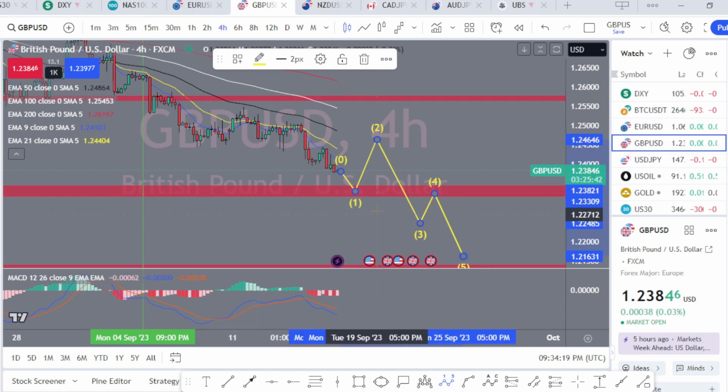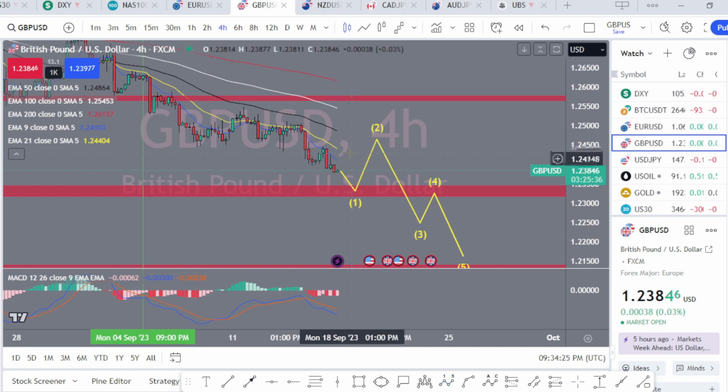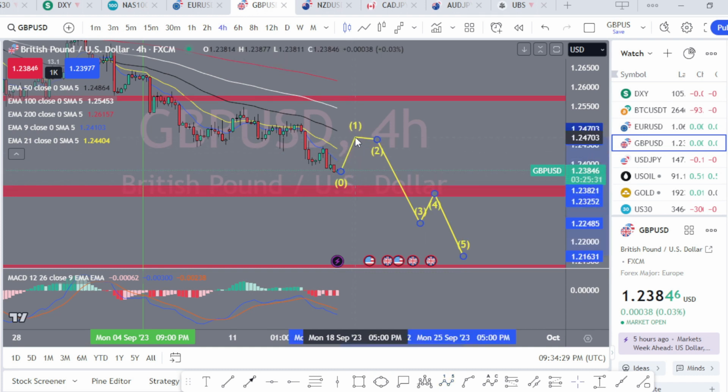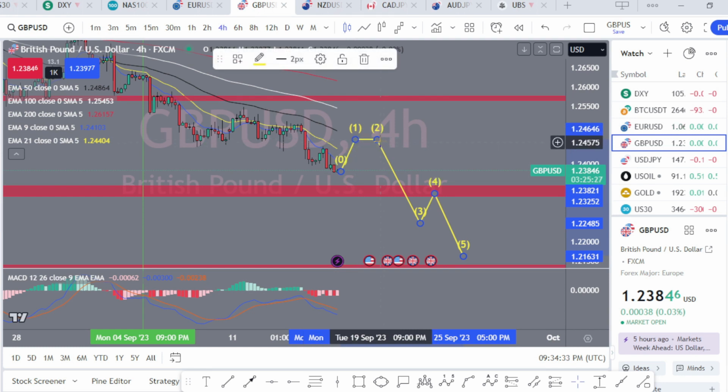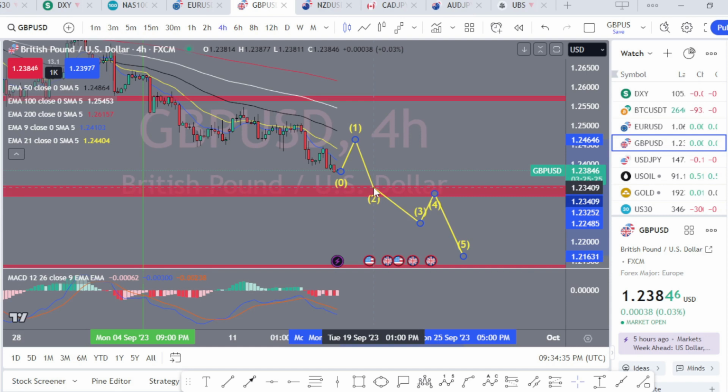But if it doesn't stay, this is what it might do. It might come down and test this first. Or it might come up bullish, test this, then go down. Don't do this.